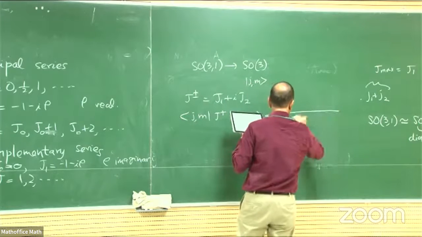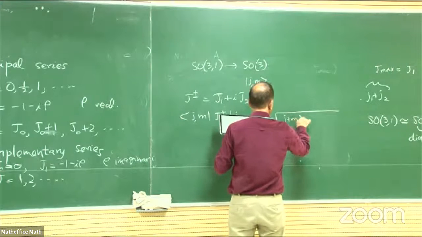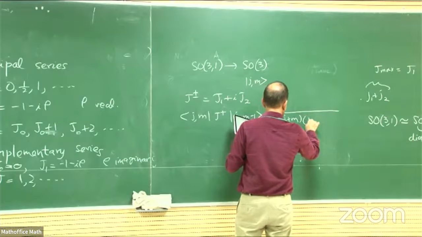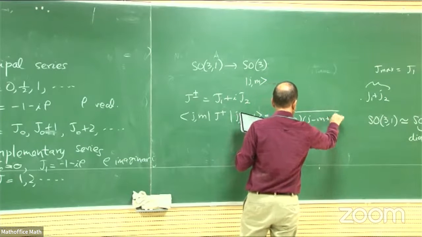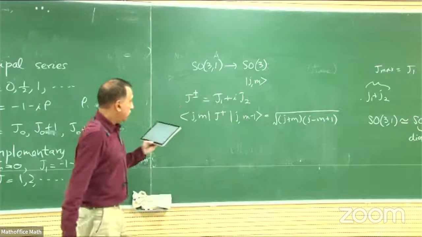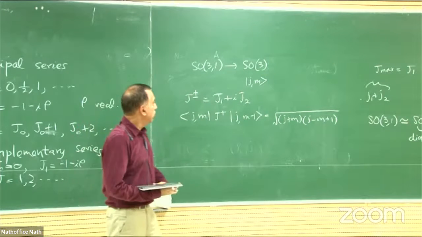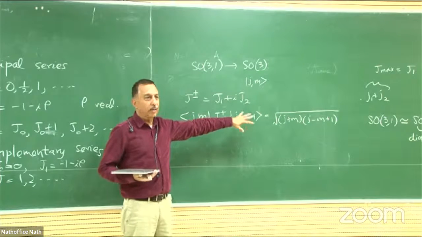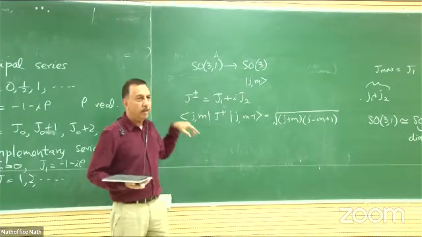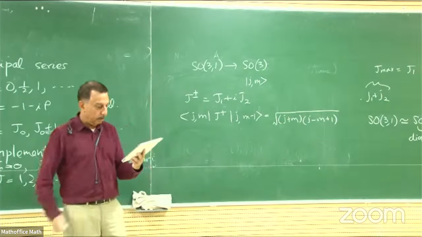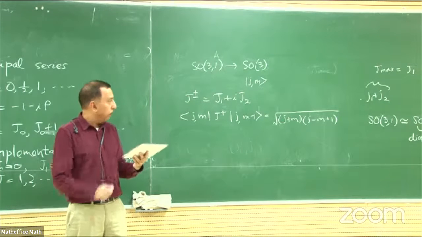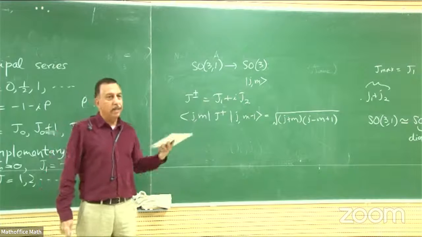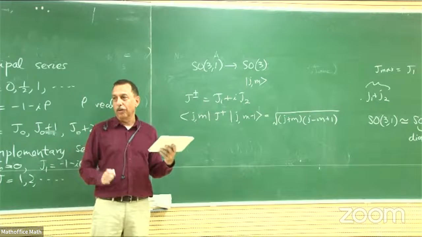But I'm sure you have seen this. This sort of relation is what tells you that J plus has to stop raising after some point, and acting on the left, it will stop lowering after some point. So this kind of relation is known from SO3. So first we borrow that.